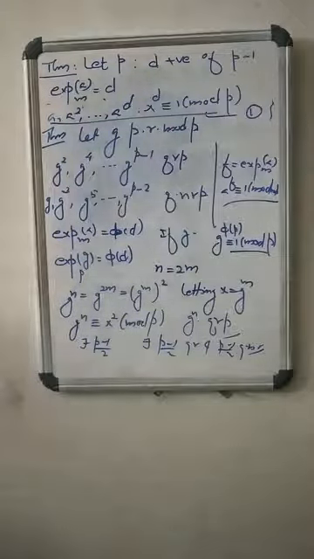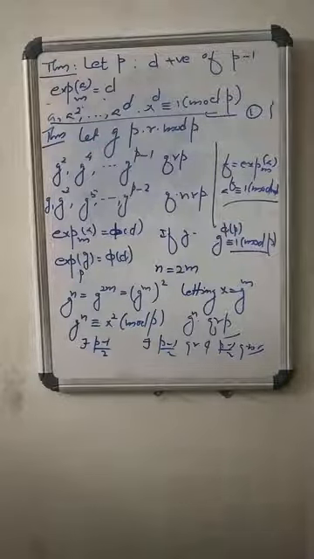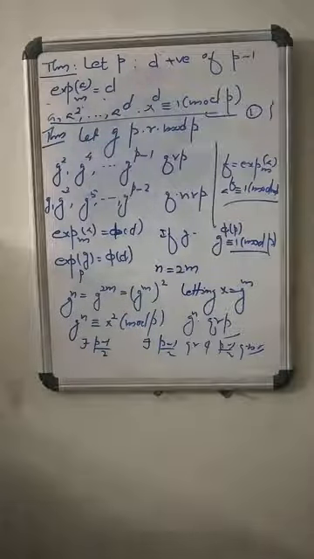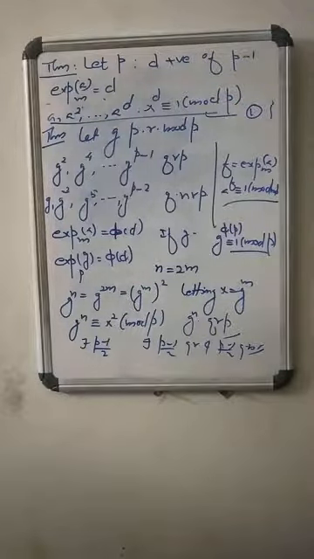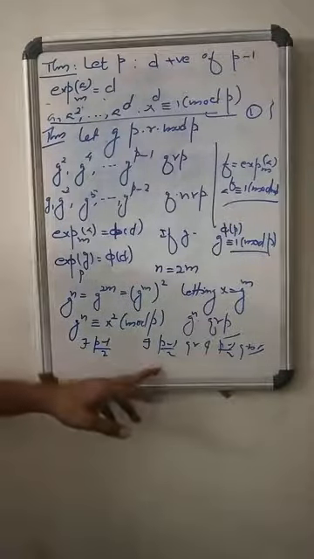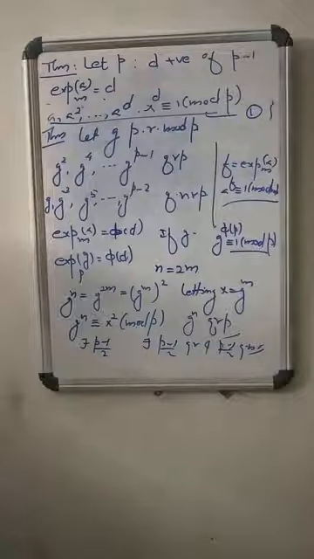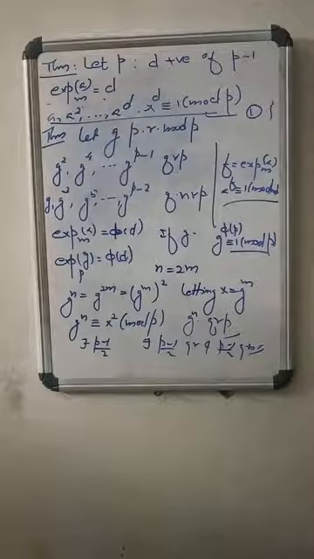Here the even powers g square, g power 4, g power 6, etc., up to g power p minus 1 are quadratic residues, accounting for all p minus 1 by 2 quadratic residues. So by the theorem, there are exactly p minus 1 by 2 quadratic non-residues.